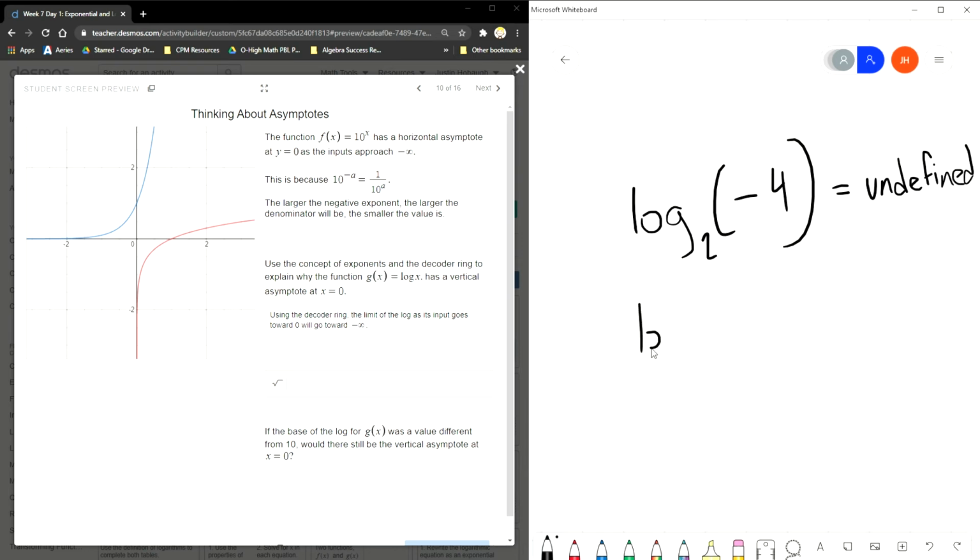However, the log base 2 of positive 4 is 2, because 2 squared is 4. Hey, what do you guys know? Logarithms, guys, if you use the decoder ring, I swear, logarithms become a little bit easier to understand, I think. All right. Now, let's keep going.